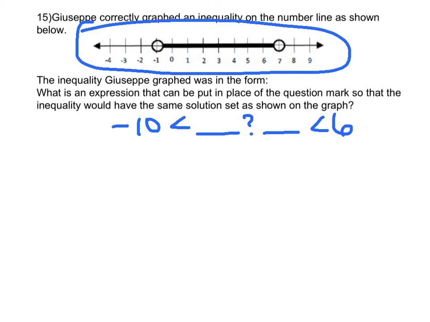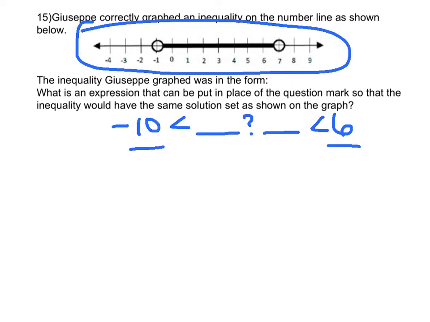So basically the way I want you to look at this is I want you to ask yourself the question, what do you need to do to both of these, okay, to both of these, to get a -10 and a 6?